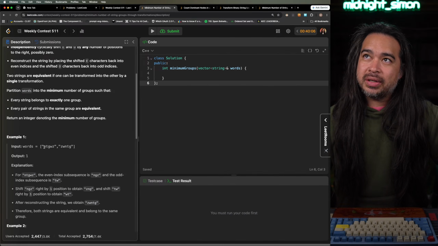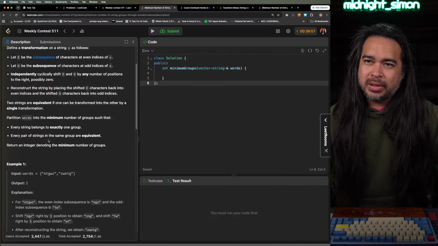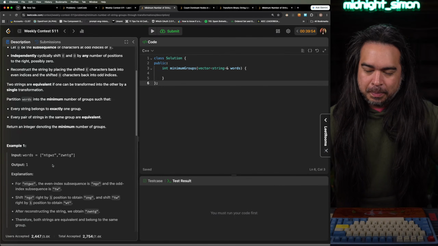Basically, I need to check that odd and even indices are similar in the strings.